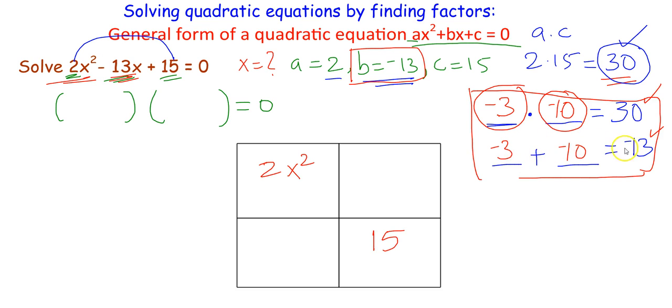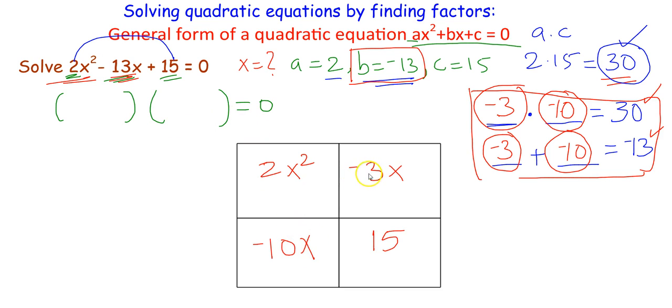You see, negative 13 is consisting of negative 3 and negative 10. Adding those two numbers, you got negative 13. Of course, you also have x here. Therefore, I'll write negative 3x and negative 10x. It is just the same.